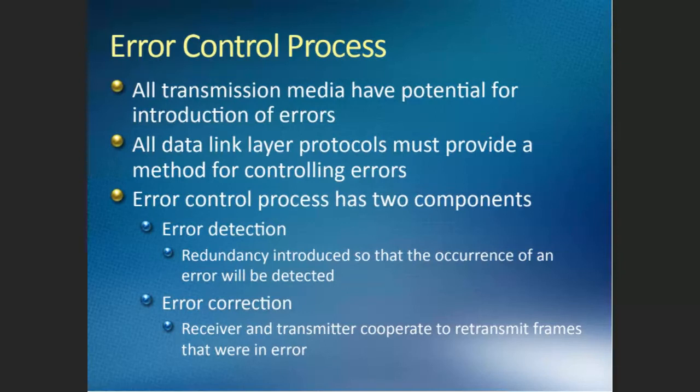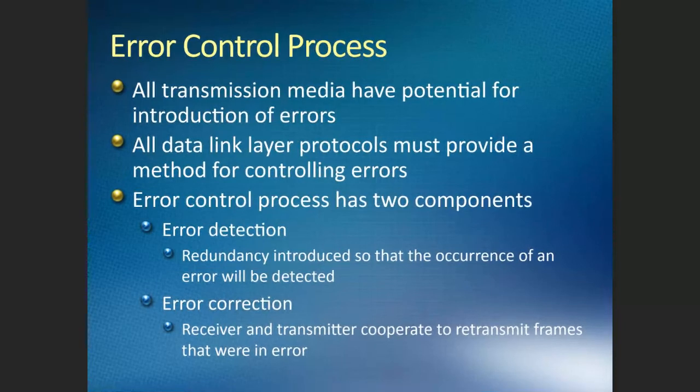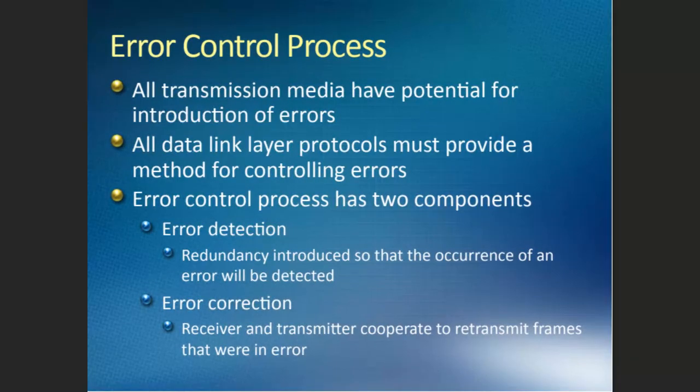You have to detect if there is an error. And how to correct? The method to correct is by informing the sender or the transmitter to resend. I will not open the frame and start repairing the frame, just because we are very quick here. Just ask for resend.